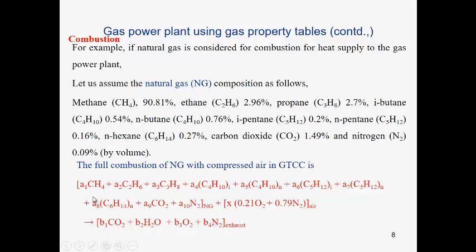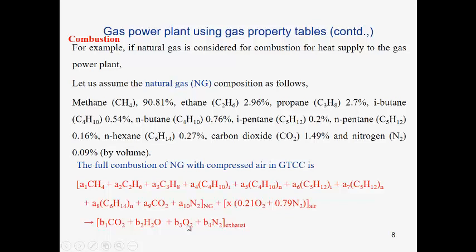Here we have all the values of A1, A2 obtained from this gas composition, and x is unknown, and B1, B2, B3, B4 are also unknown. So there are 5 unknowns. These 5 unknowns can be determined by 5 equations.